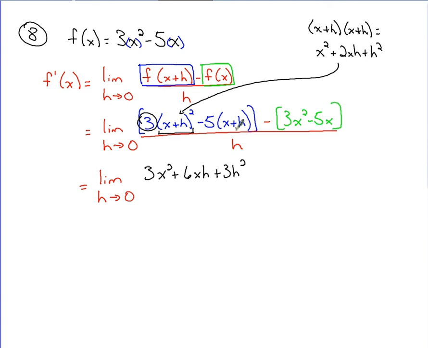Moving on, we've got a negative 5 here to distribute through. Negative 5x minus 5h. I've got a negative here to distribute through to the 3x squared minus 5x, so it's minus 3x squared plus 5x. And that is all over h.